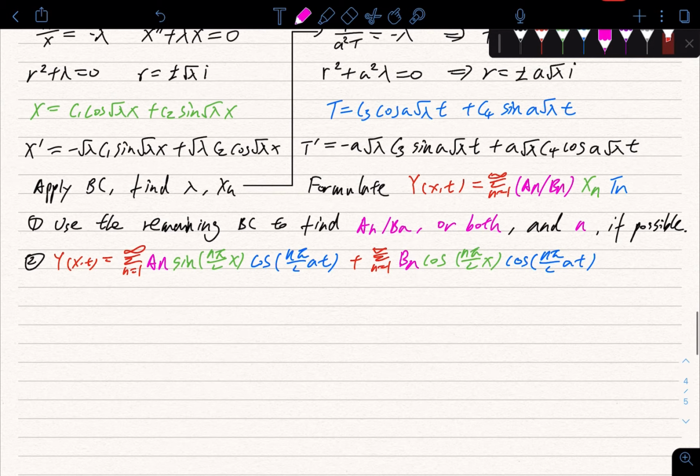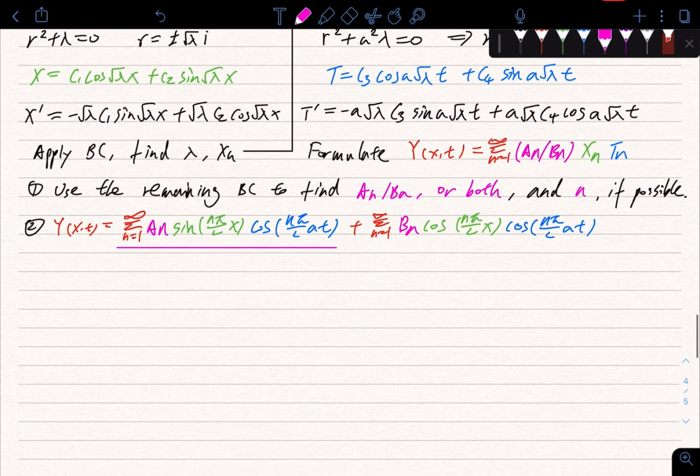So an important observation we must make is that this infinite series contains the solutions for initial displacement only, displacement f of x only.